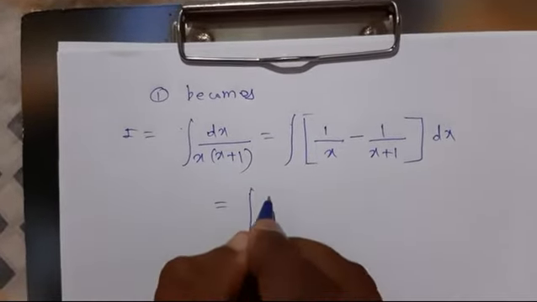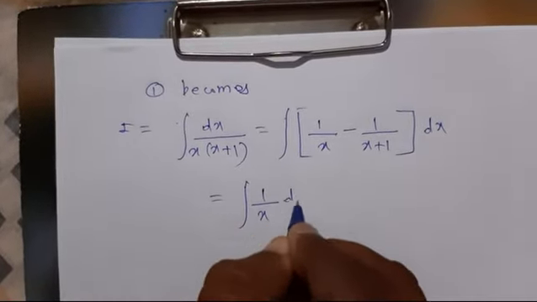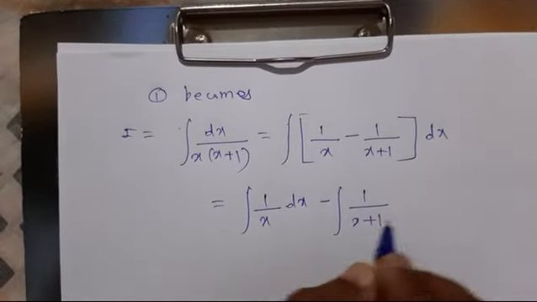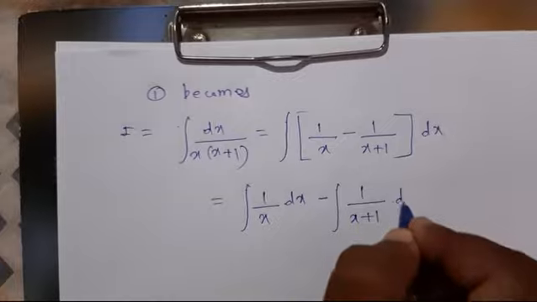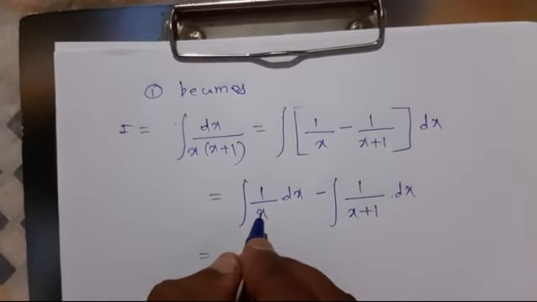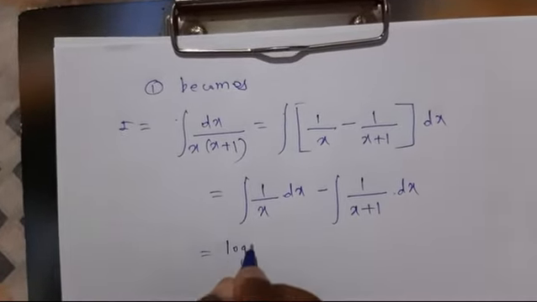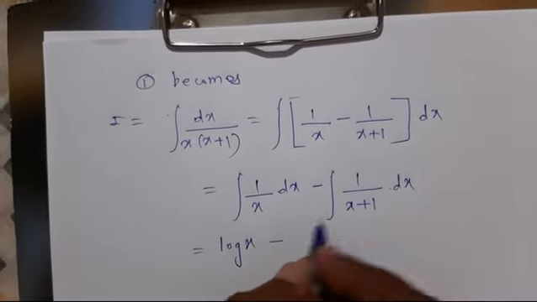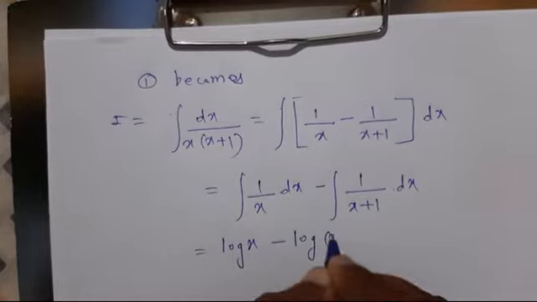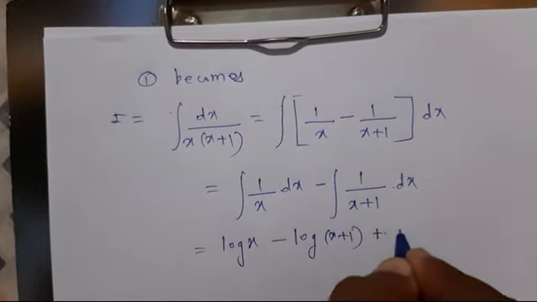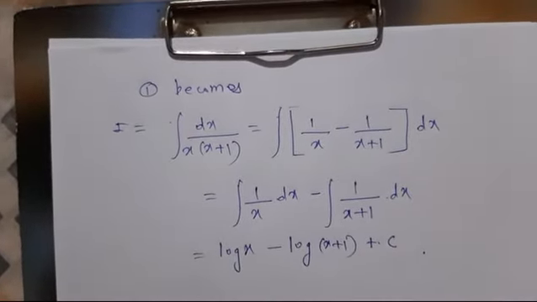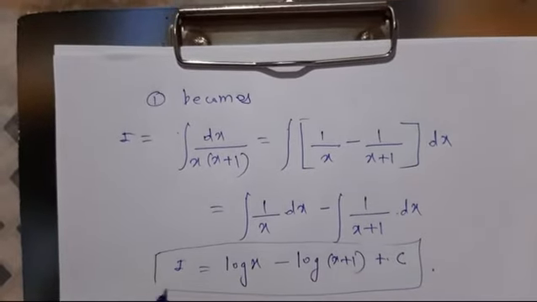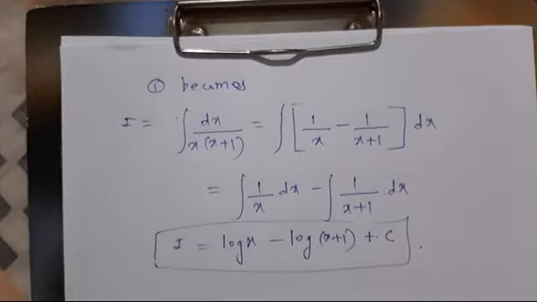So integration of the first one into dx minus integration of 1 upon x plus 1 into dx. So integration of 1 upon x is log of x minus integration of this one is log of x plus 1 plus some integration constant c. So this is the required integration of the given function.